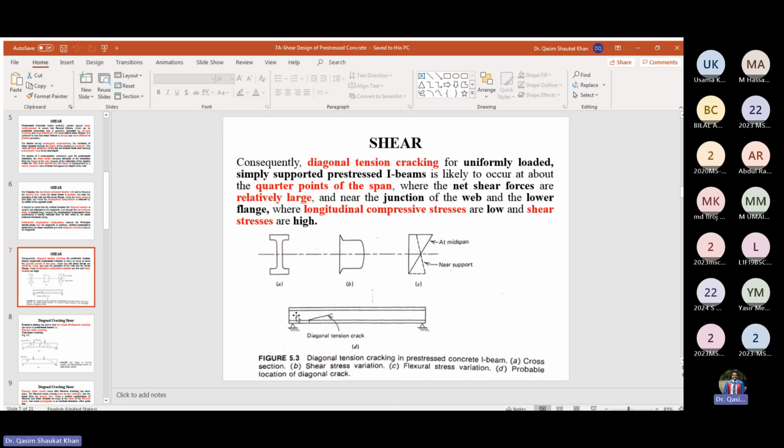Then there is the shear tension or flexure shear crack, which is vertical at the start and then becomes inclined from roughly the mid height. That is your flexure shear crack. We will talk about these flexure shear cracks as well in a short while.